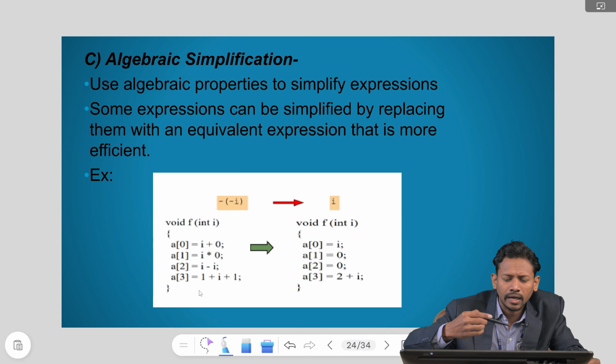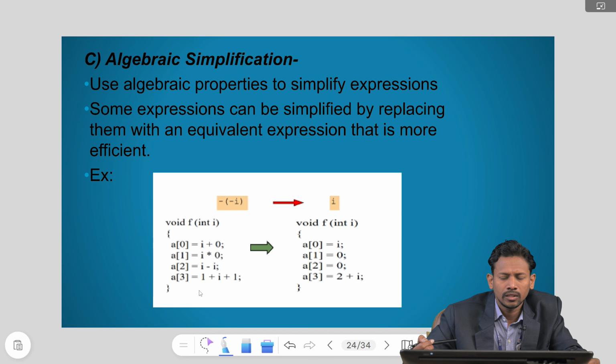The compiler tries to simplify the expressions in the code optimization phase. That is the main important consideration. If you observe, I plus 0 is substituted with I only. I into 0 does not need to be evaluated, because anything multiplied by 0 gives 0. I minus I, the same variable subtracted from itself, also leads to 0.